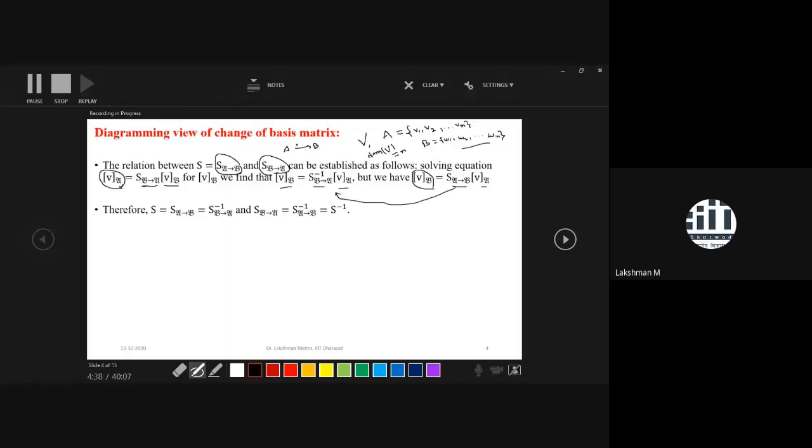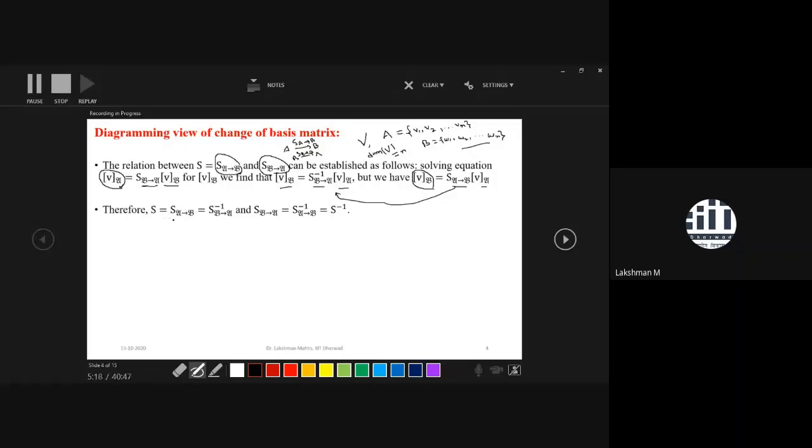You call it S A to B. And when you are going from B to A, your change of basis matrix is S B to A. These are the visualization of change of basis matrix.